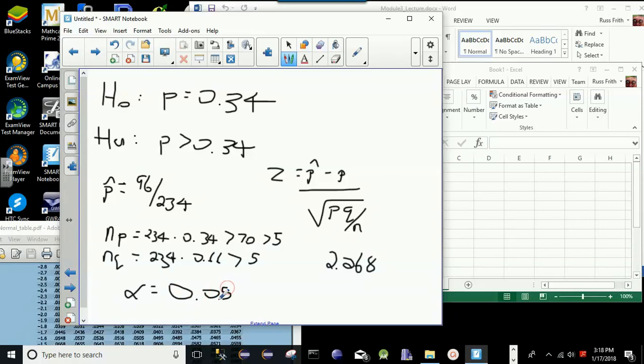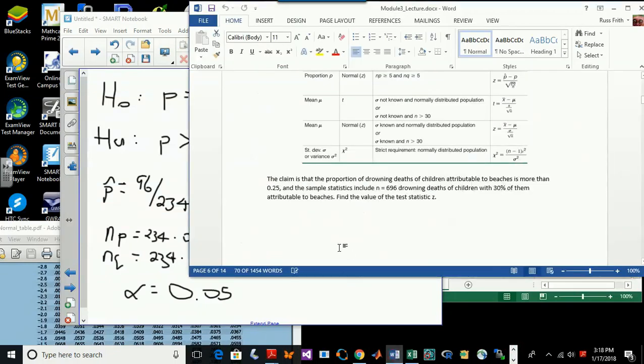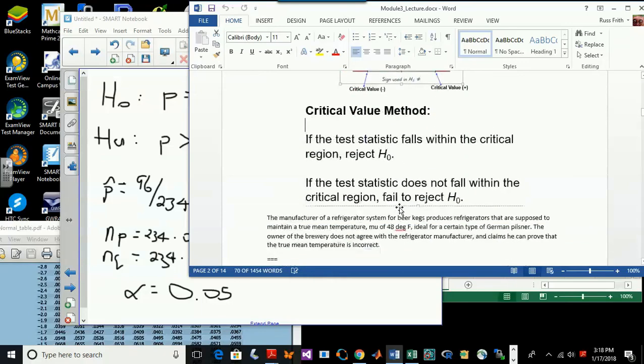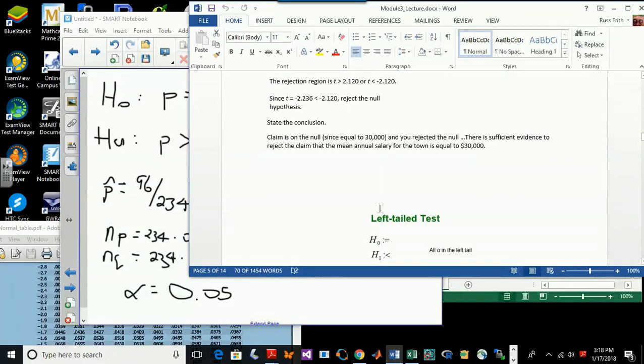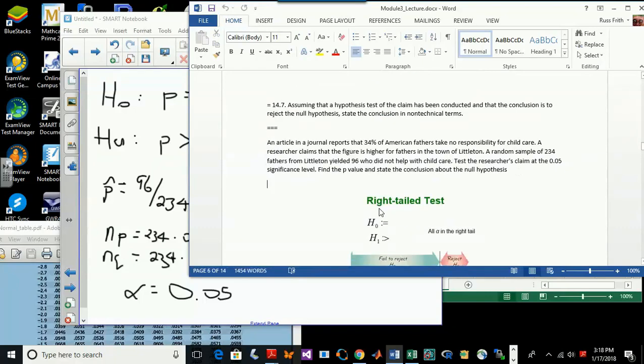Now let me check again the nature of the problem. Let's scroll down and take a look one more time. It says find the p-value.